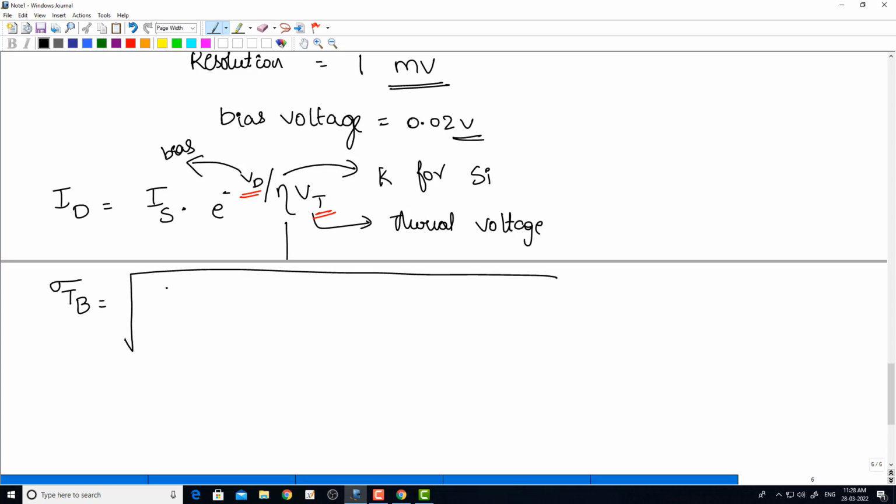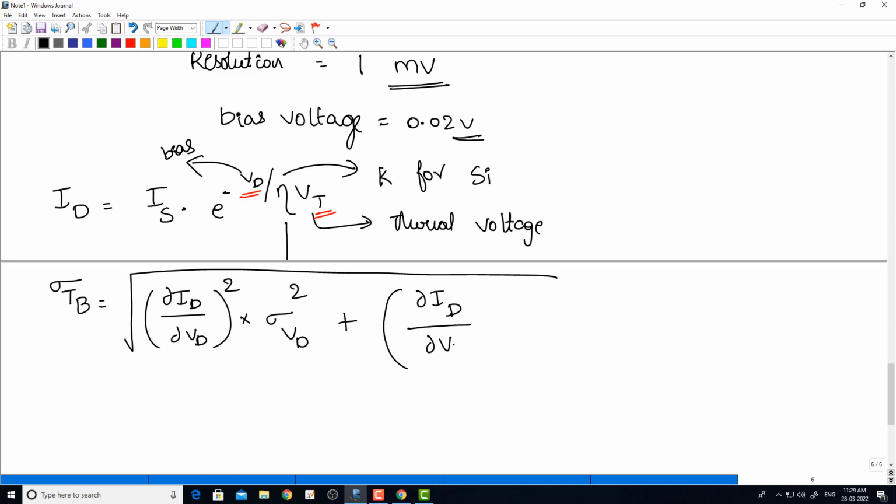That is, dou Id by dou Vd whole square into the standard deviation of Vd square, plus dou Id by dou Vt whole square into sigma Vt square.